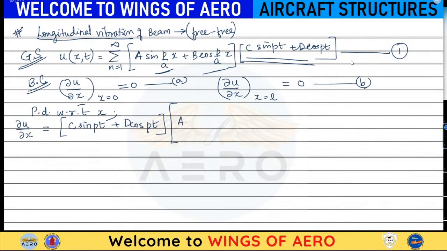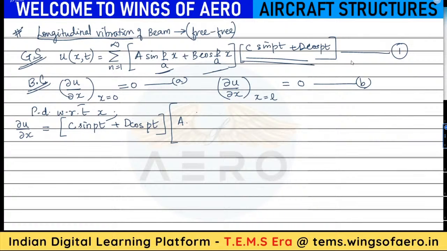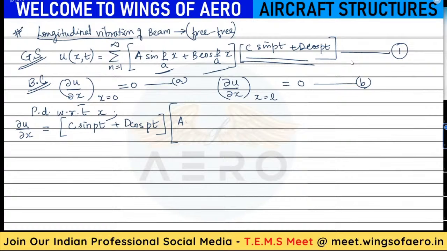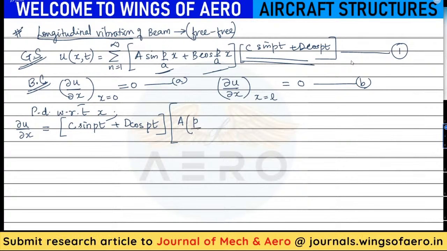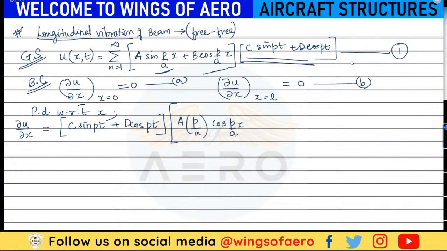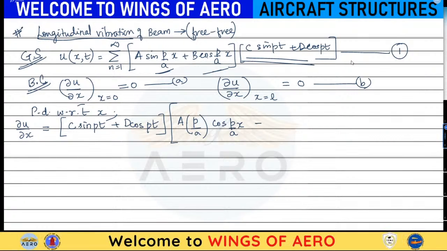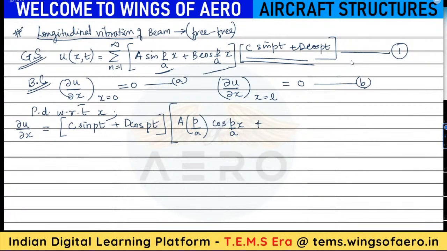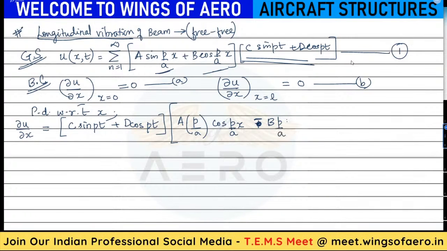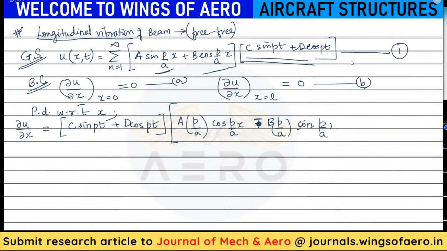A is a constant, so the differentiation of sine p by a x gives p by a cos p by a x. Next, we have b cos p by a x, and the differentiation of cos becomes minus, so minus b p by a sine p by a x.